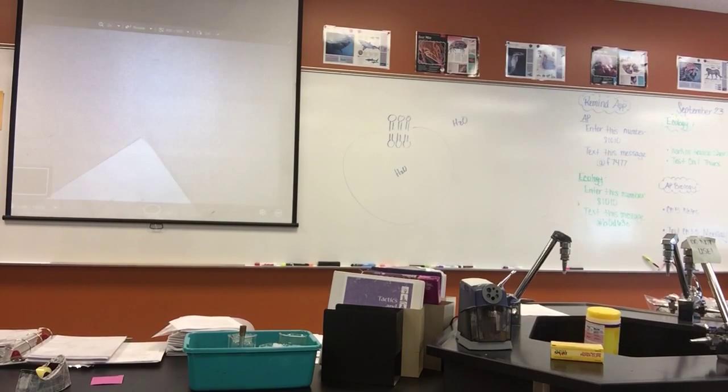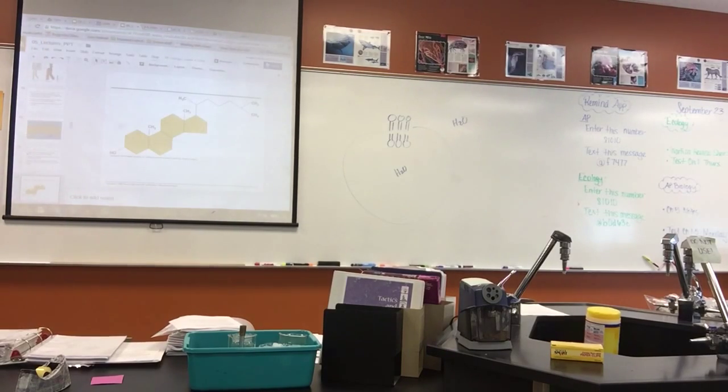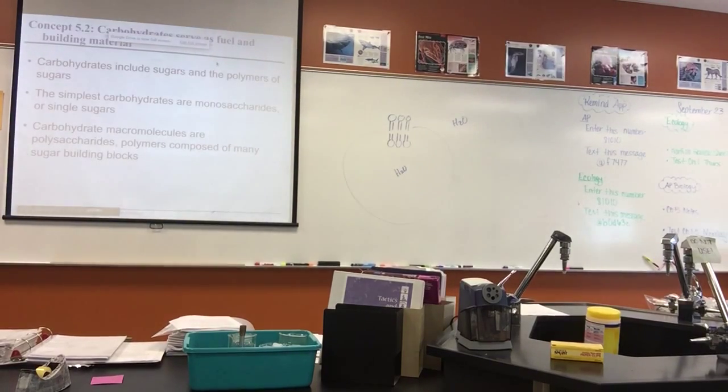Right on to look at carbohydrates. So carbohydrates, we're going to go back to 5.2, which is on the back of the first page of your notes. Carbohydrates include sugars and the polymers of sugars.